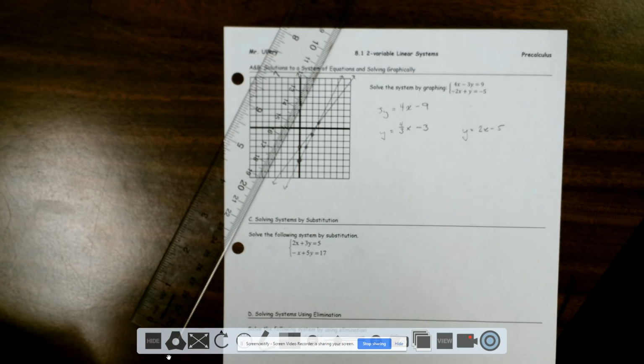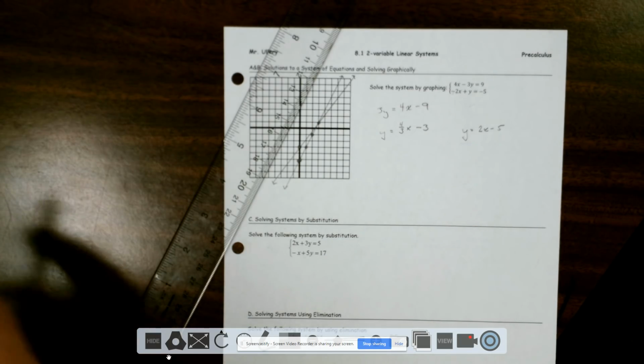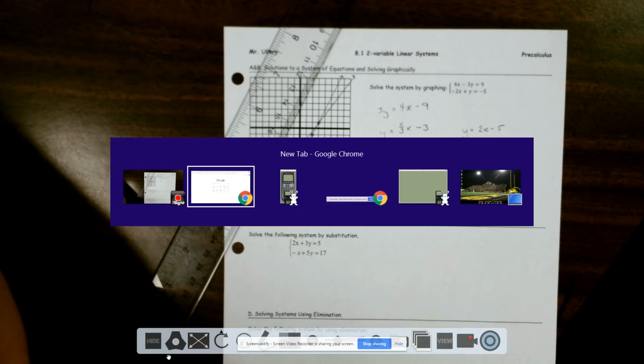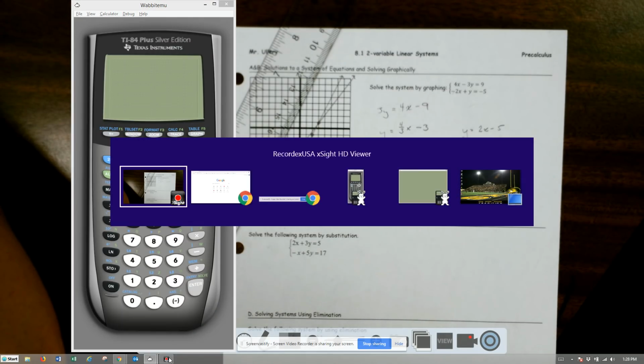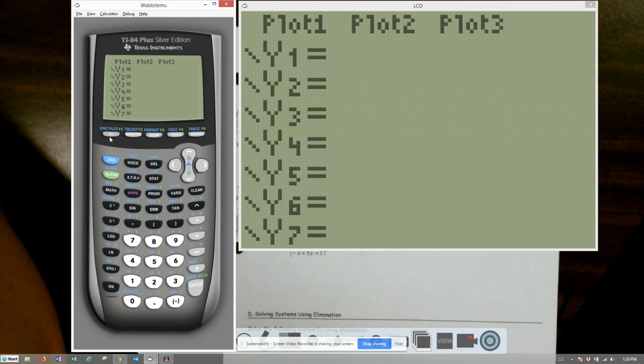Now I think I know where they intersect, but we can easily calculate in two different ways. We can calculate by setting them both equal to each other, or we can have our calculator do the work for us. So we're going to take a look at that right now by opening up our calculator app, turning on our calculator, going to y equals, and we're going to plot both lines.